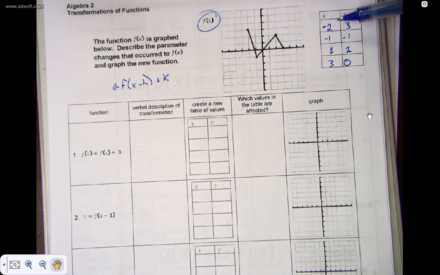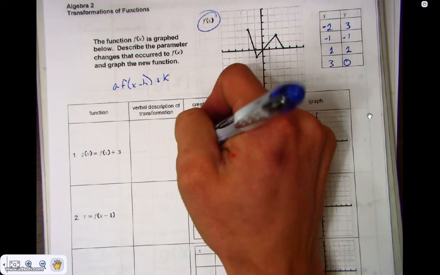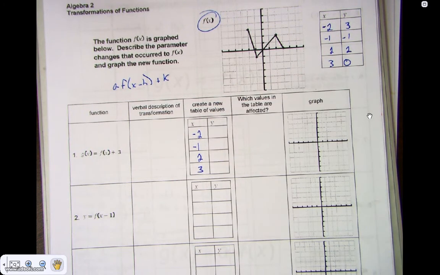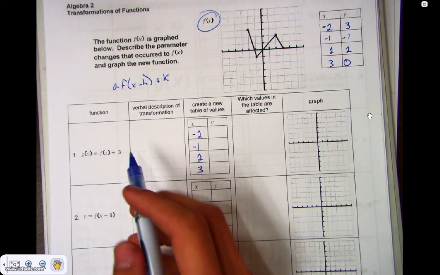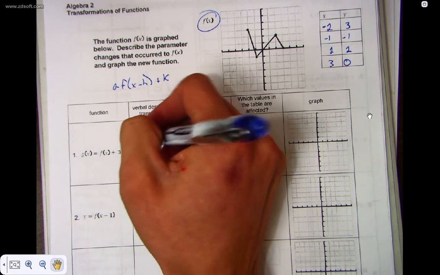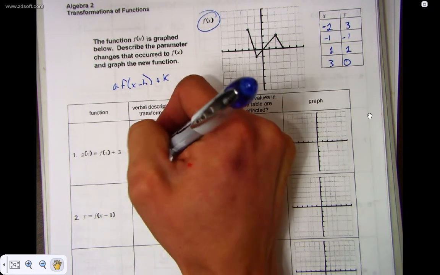So if it's affecting the y's of this f of x function, then I'm going to go ahead and write these x's as if they were never touched, because they weren't. So there's my x's, and then it shifts my y's up 3. So I could write that here if I wanted. So shifts y's up 3.